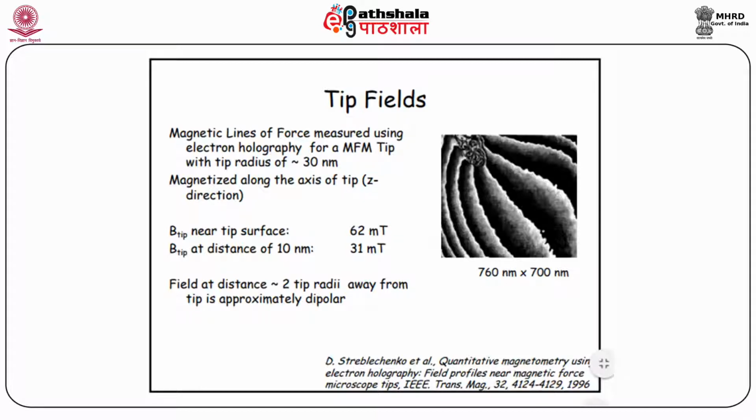B tip near the surface, then B tip at a distance of 10 nanometers have been shown. The field at a distance 2 tip radii away from the tip is approximately dipolar. So this has been shown here with tip field effects. The paper which first used this, that reference has also been shown here for the benefit of the learners.